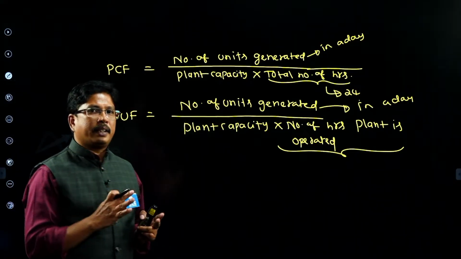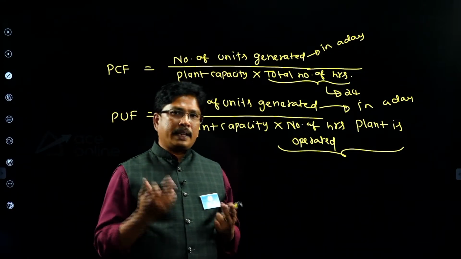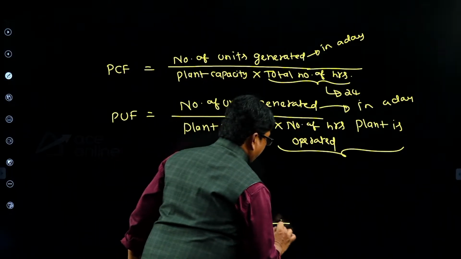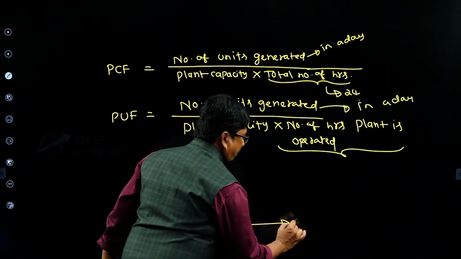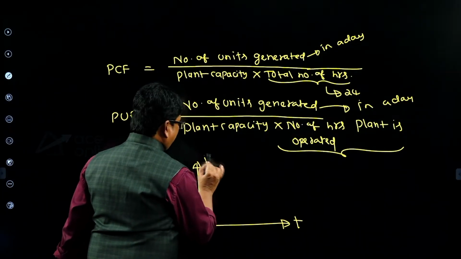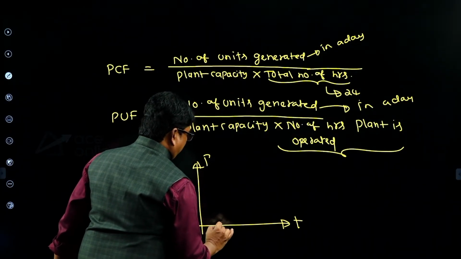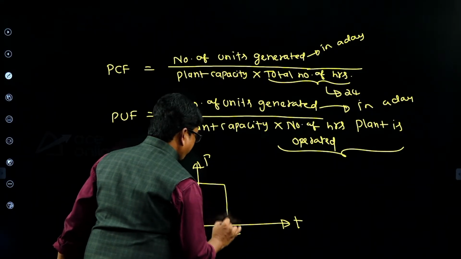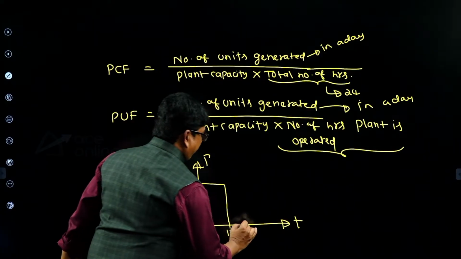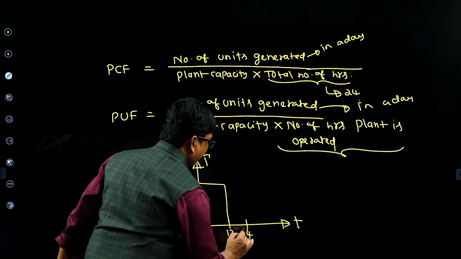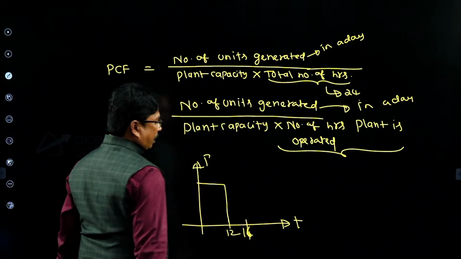Right? They will mention it in the load curve. Once you have seen the load curve, suppose the load curve is like this. This is the power in megawatt and this is the time. For the first 12 hours, the plant is on. For the next 4 hours, the plant is off, means 12 plus 4, it will be 16. Up to 16, the plant is off.